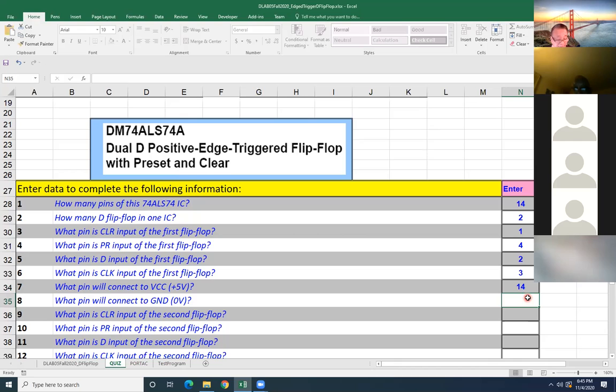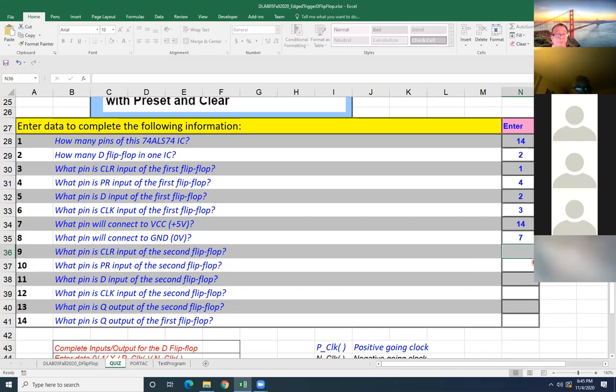Next, 7. Next, 13. 10. What pin on number 10? 10. What's next? 12.